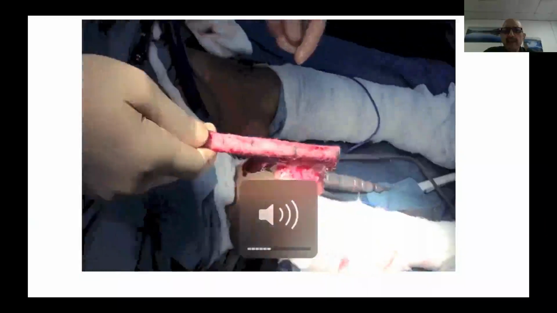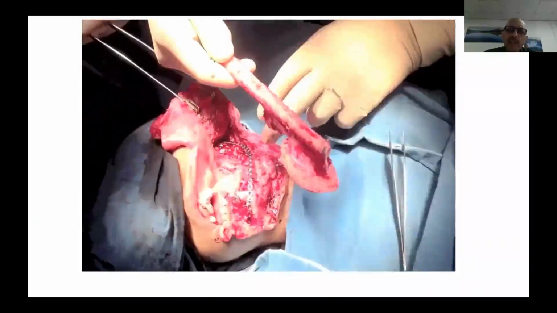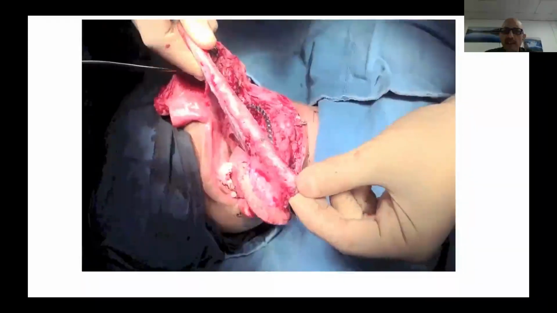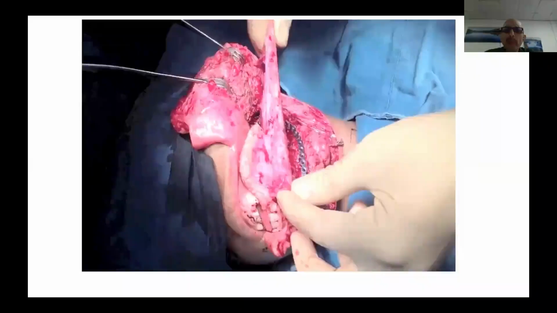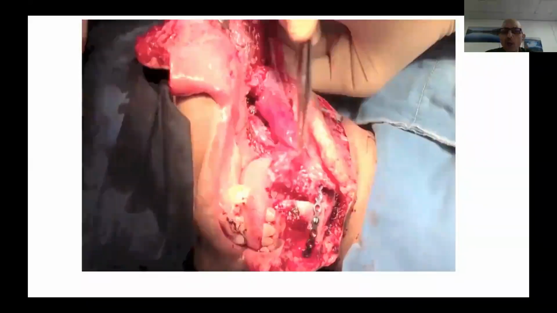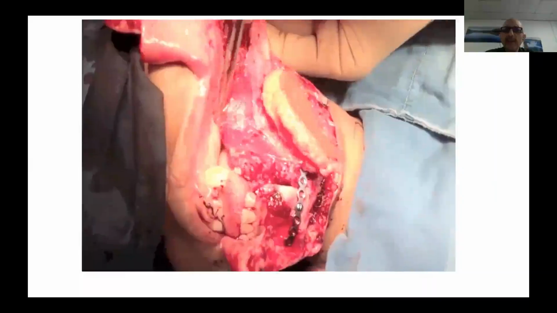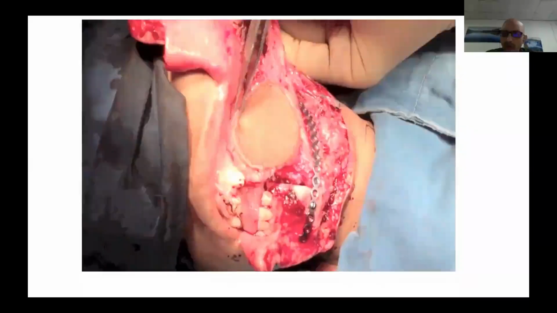So here we are taking the right-sided fibula for left-sided reconstruction. We have to just turn it, and if we place it in this fashion, we get the FHL inside and the skin paddle on top very easily, and we can create the lining very comfortably if we are taking the contralateral fibula.